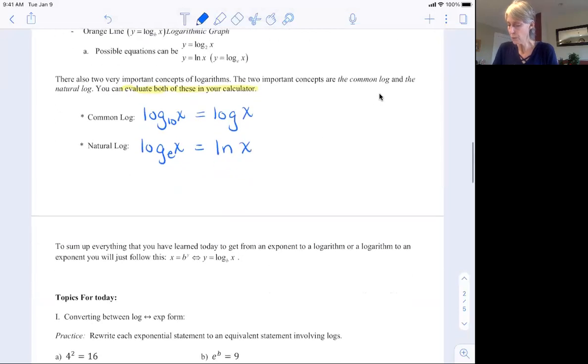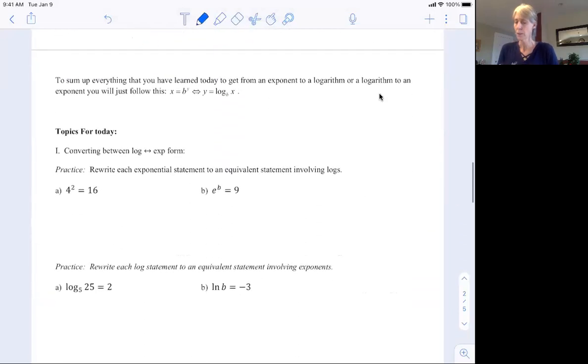Okay. So to sum up everything we've learned today, to get from an exponential to a log or a log to an exponent, follow this basic rule. This is going to be one of the key things we're going to work on today, going back and forth. And we just want to remember: log equals exponent. Okay.